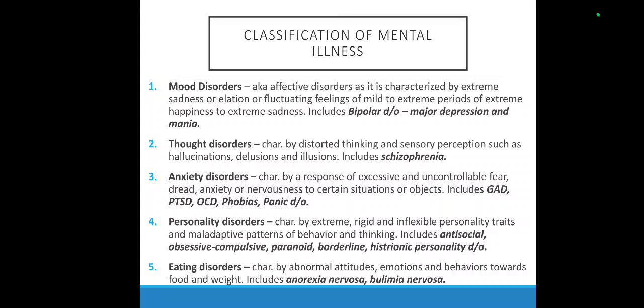Another is personality disorders. Here, it is characterized by extreme, rigid, and inflexible personality traits and maladaptive patterns of behavior and thinking. This may include antisocial, obsessive compulsive, paranoid, borderline, and histrionic personality disorder.